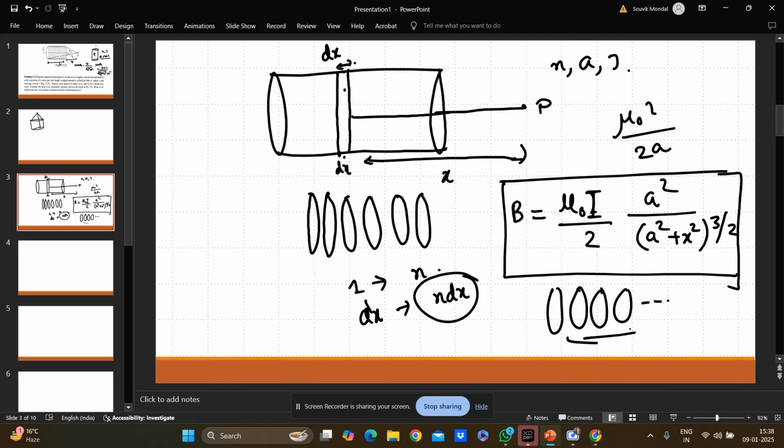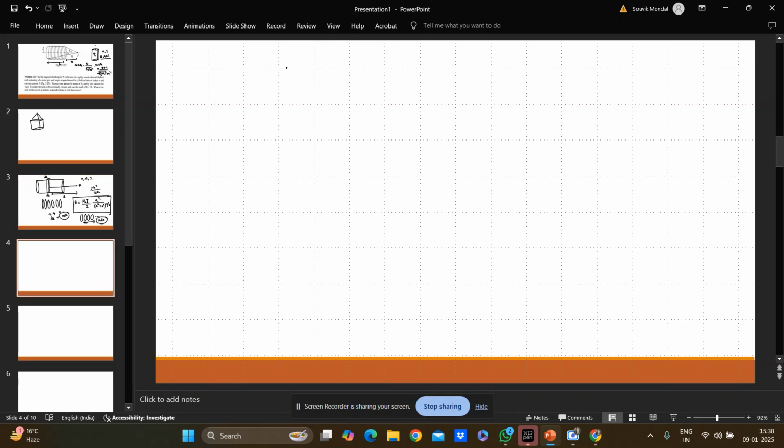If you combine all these rings, they will constitute n dx turns. Now dx is very small, so according to calculus B will not change with these distances. A single ring produces this B, so a thickness dx consists of n dx rings.